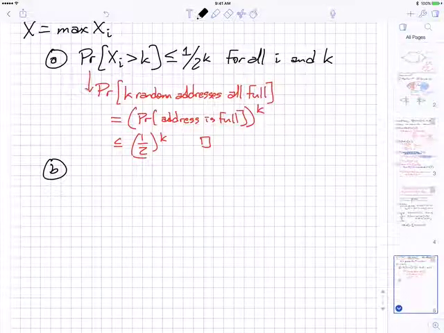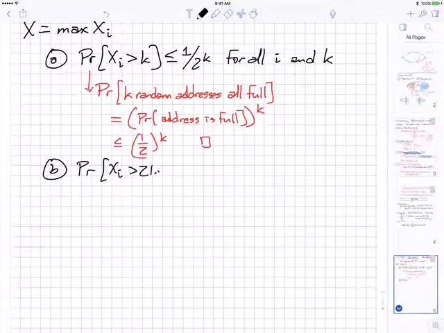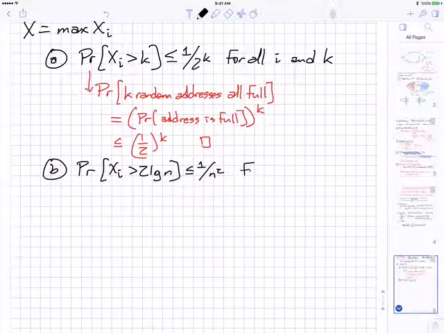Part B says prove that the probability that x sub i is at least 2 times log base 2 of n is at most 1 over n squared for all i. The proof of this is set k equal to 2 log n.